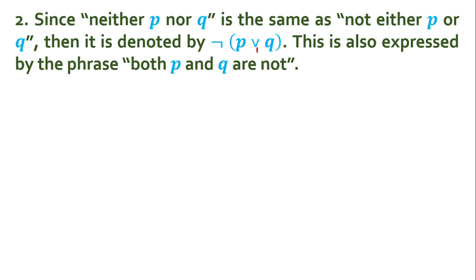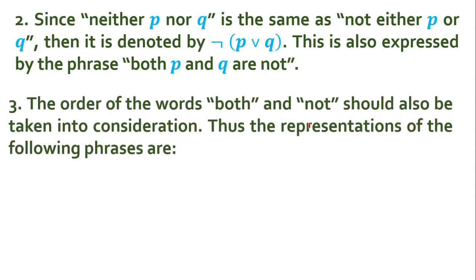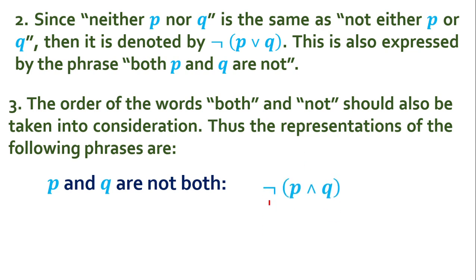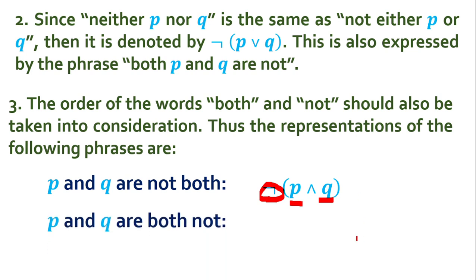So the order of the words both and not should always be taken into consideration. Thus the representations of the following phrases are: P and Q are not both. And P and Q are both not.